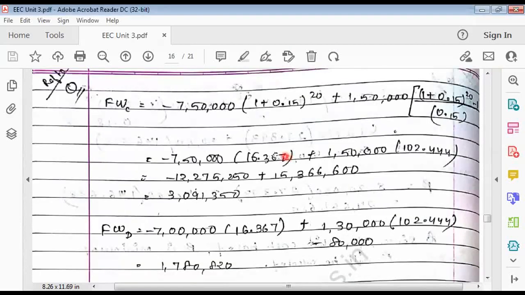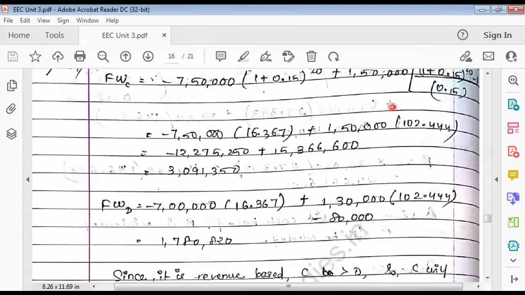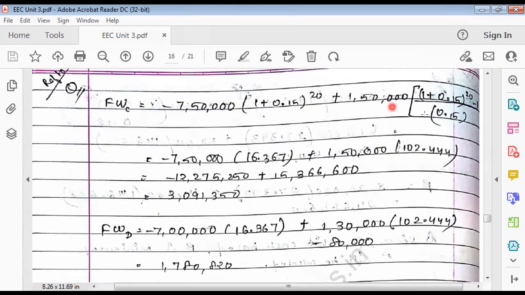You remember that, so that you can just multiply that for D. And 1,50,000 is annual revenue, so for the next 20 years this is another annuity problem. So the second formula has been used, and there is no salvage value, so not a problem.